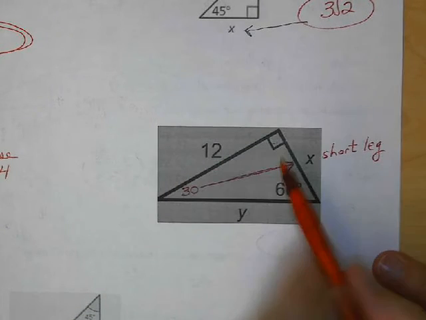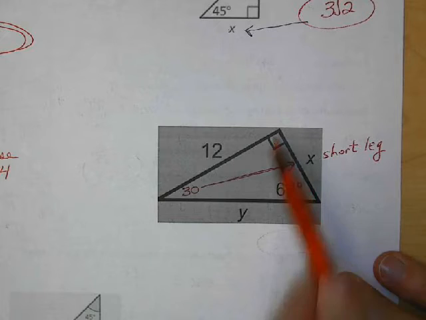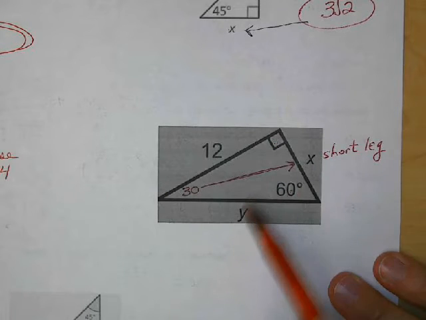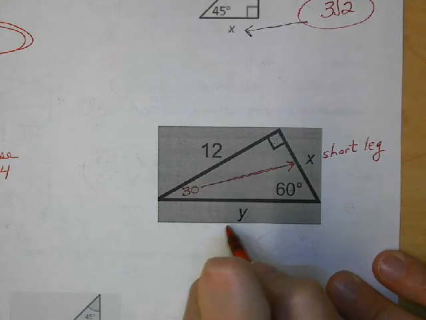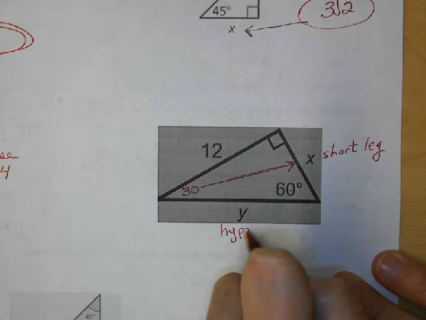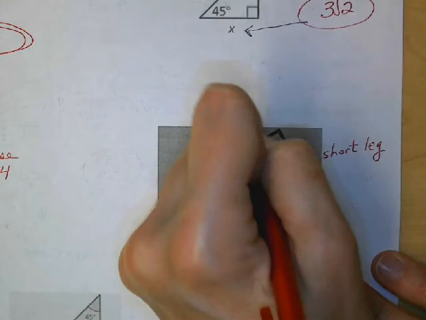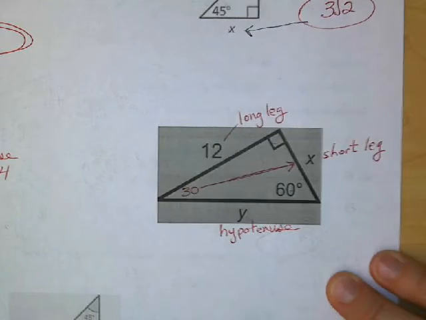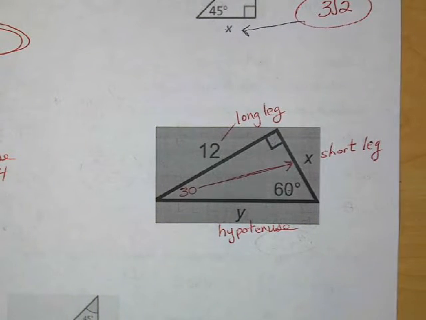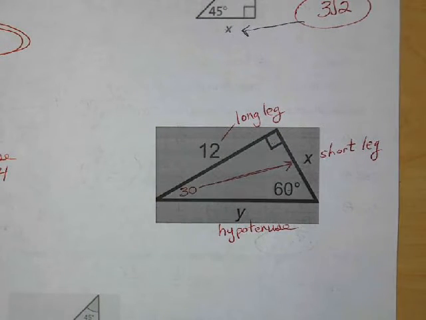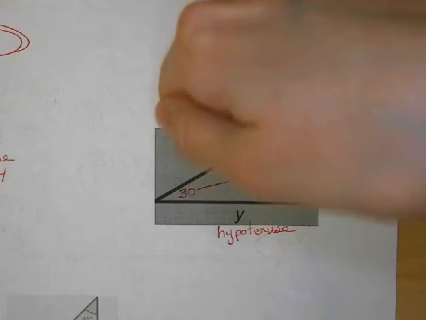Yeah, it's the long leg. See where the 90 is? The hypotenuse is always across from the 90. So this Y is the hypotenuse. Yeah, the 12 is the long leg. It helps to label those. You have to know which one's which. Ooh, this one's kind of tricky. This time it told us long leg.